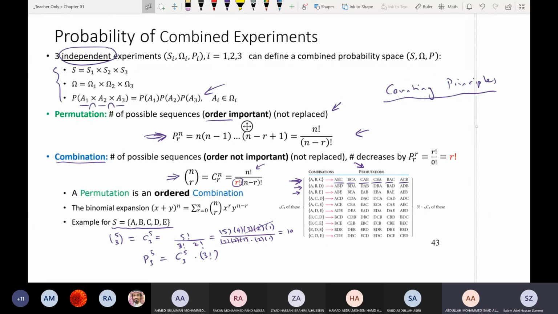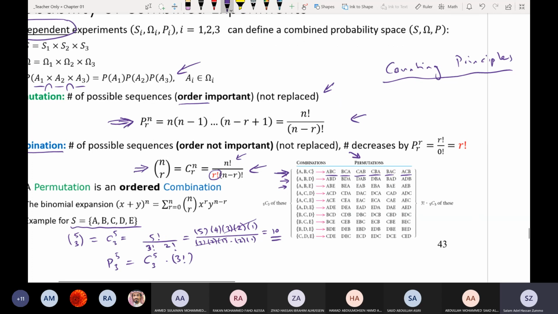Yeah. The number of combinations, for example in this example, 5 choose 3, you can see that there are 10 combinations. How did we find 10? It's n factorial divided by r factorial multiplied by n minus r factorial, which in this case is 5 factorial divided by 3 factorial by 2 factorial. Now, this is the number of combinations. The number of permutations is the same as the number of combinations, but multiplied by 3 factorial.